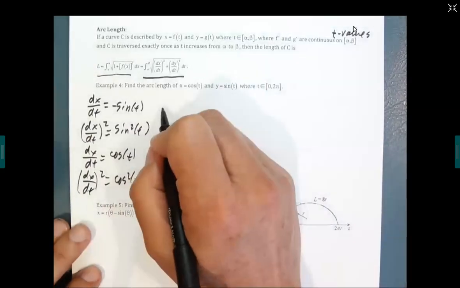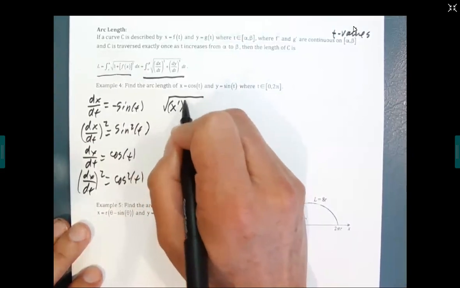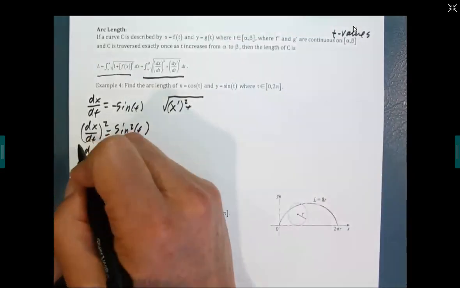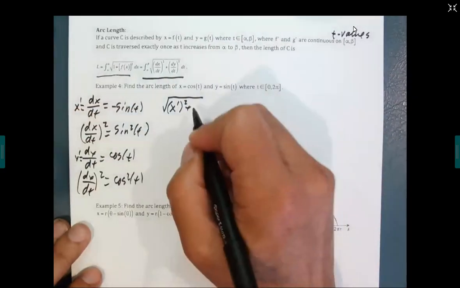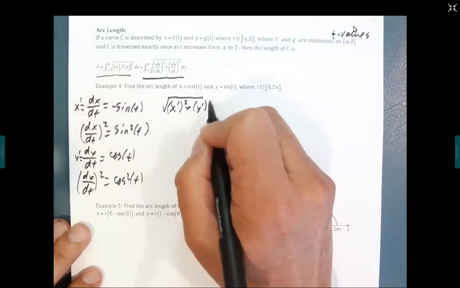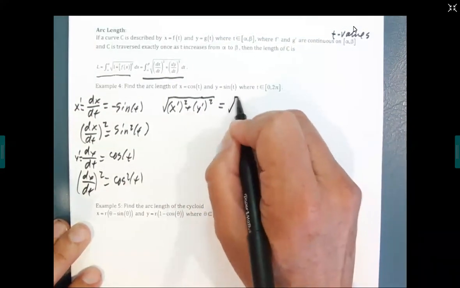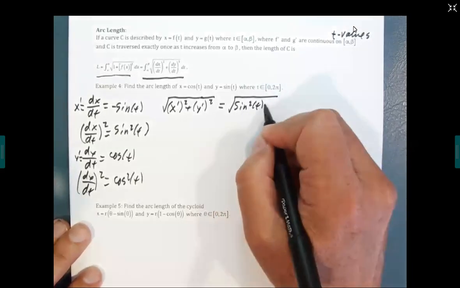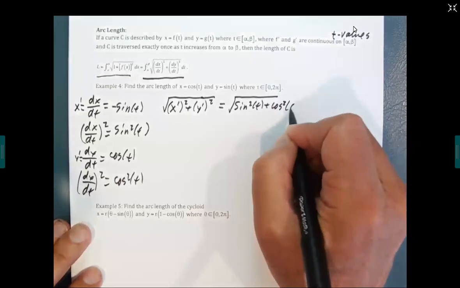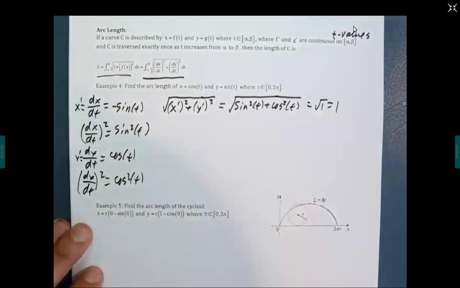Which means if I take the square root of x prime squared, meaning this is x prime, this is y prime squared, we end up with the square root of sine squared t plus cosine squared t, which is root 1, which is just 1.